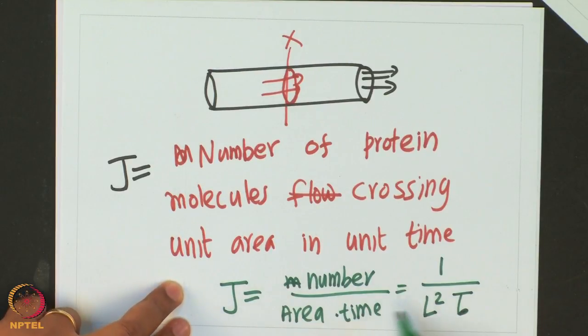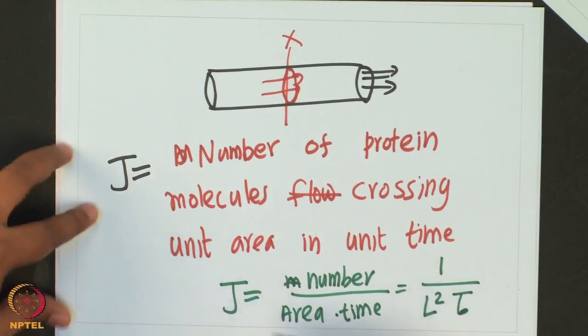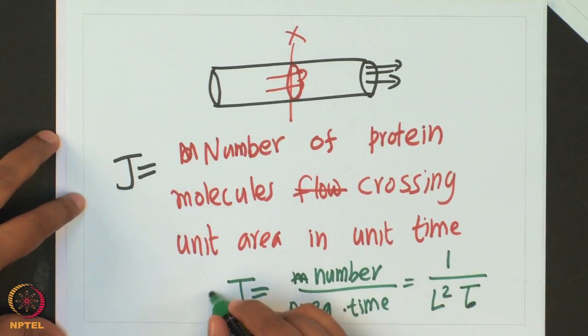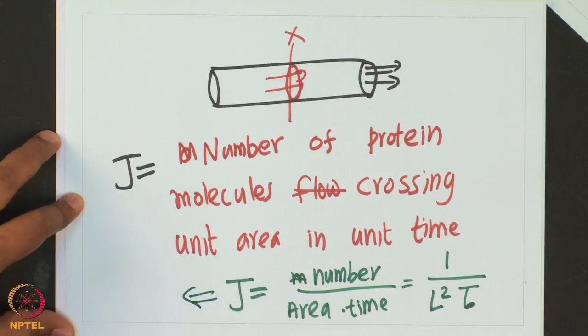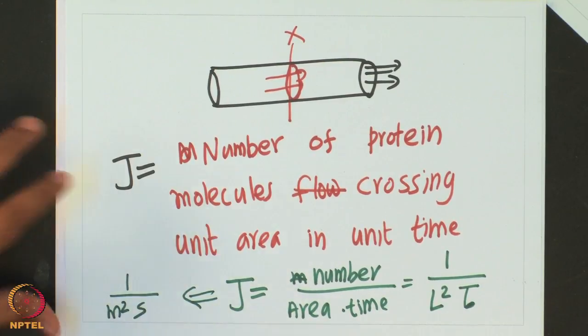This will be the dimension of J, and the corresponding unit for J will be 1 over meter squared second.